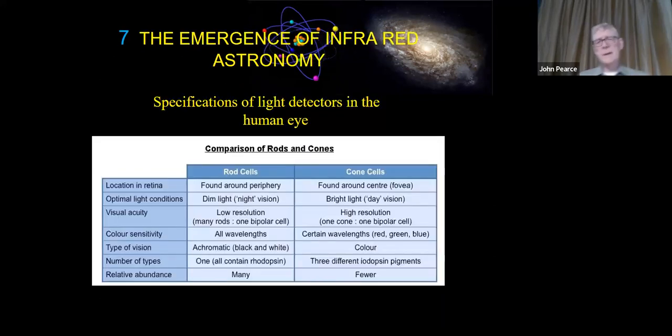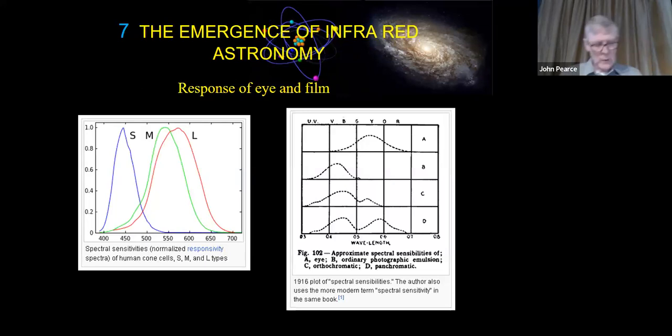So if we now look at the response of the eye and film in this case, we can see the colours on the left there of the response of the various cones and rods in the human eye, and on the right we've got a picture showing the response of basically the eye at the top, and then underneath that the three lower dotted lines on the curves show you the response of different photographic films.